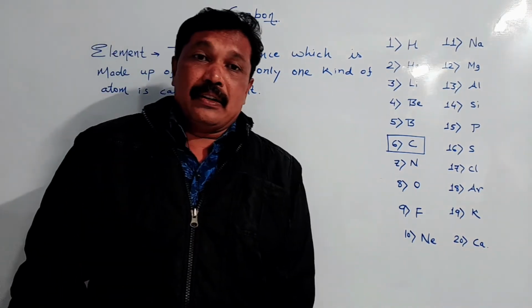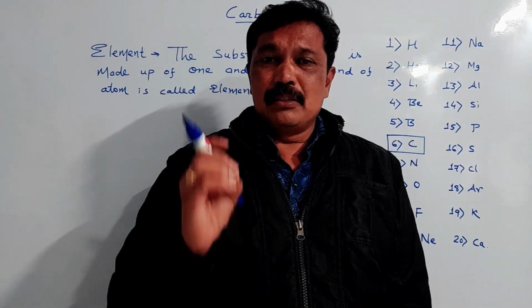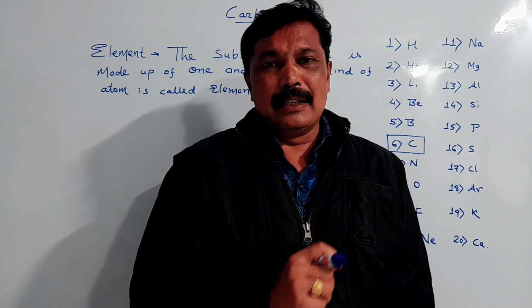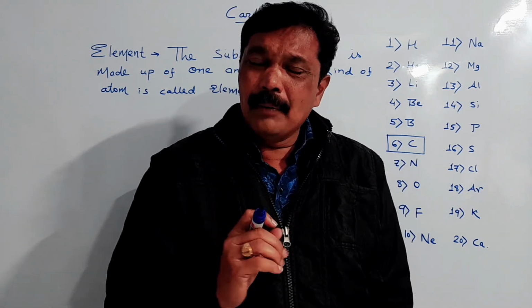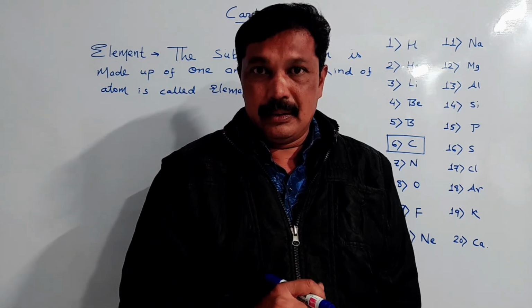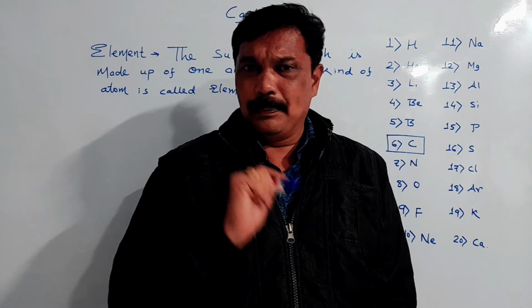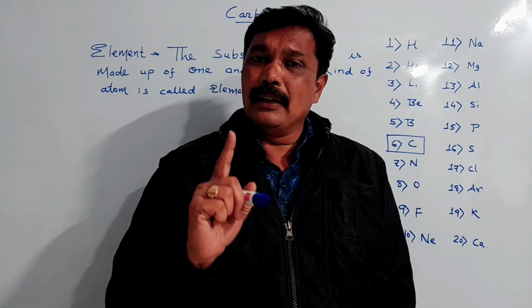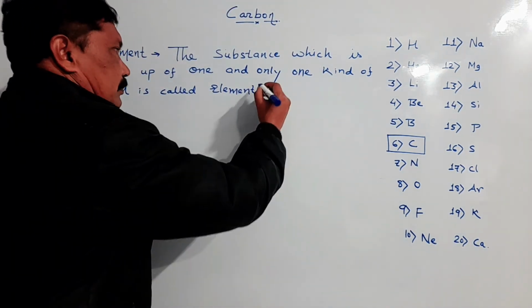My dear student, we have studied that every substance is made up of tiny particles which are called atoms. The atom cannot be further divisible. So the substance which is made up of only one type, only one kind of atom is called an element.